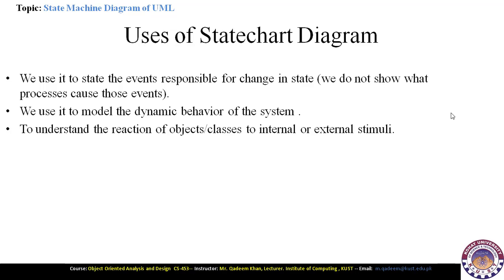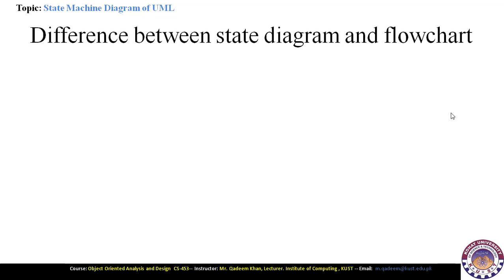For example, if there is an external camera and the camera takes a picture or records certain events, then a particular external stimuli will occur. For example, if there is movement and the camera is detecting the movement, then the camera provides input to the system and then the system performs a certain operation. That is called external stimuli.